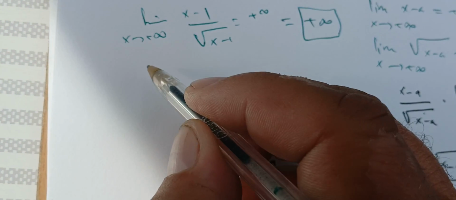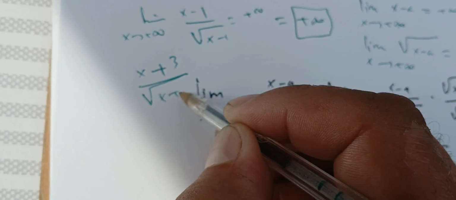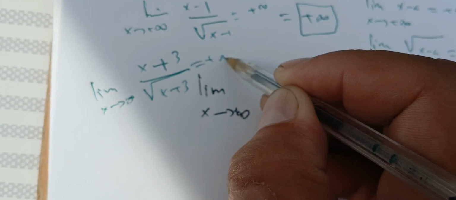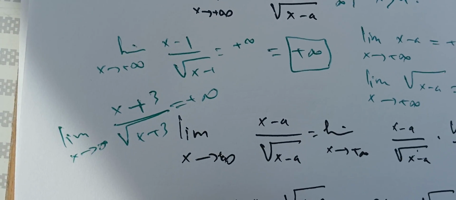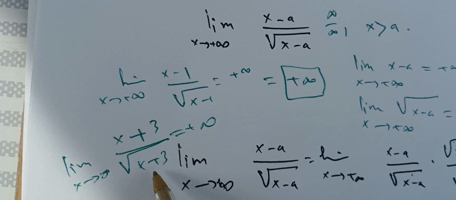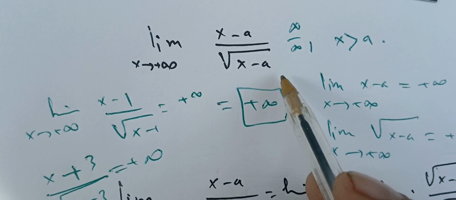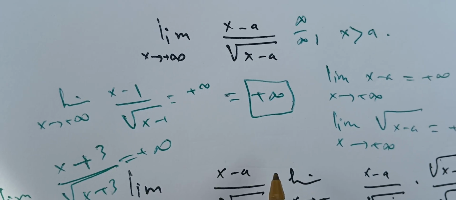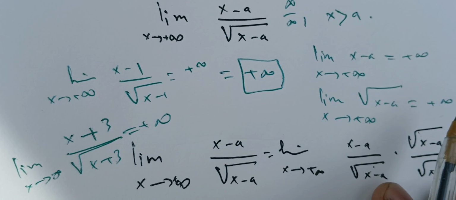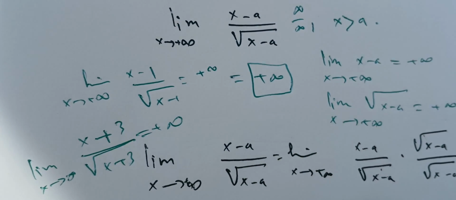We can say that the limit of x plus 3 over the square root of x plus 3 as x goes to plus infinity is plus infinity. Here our a is minus 3. And we see that we found the limit that we want. So this is a quick way to find this limit.